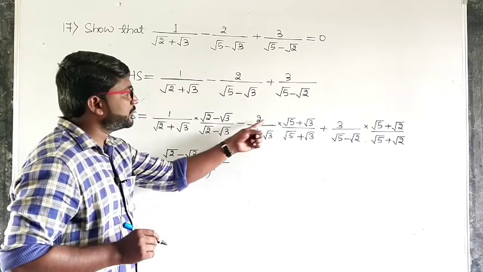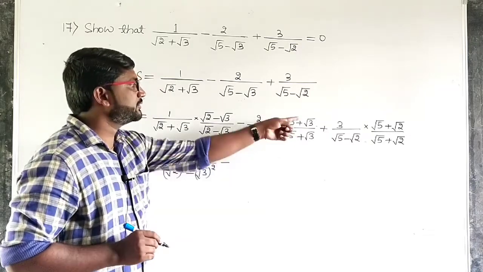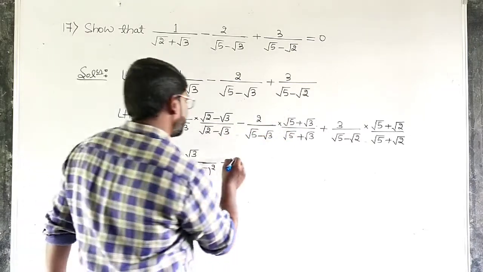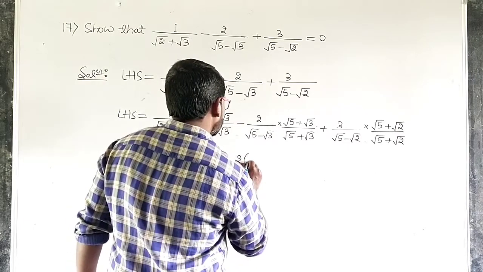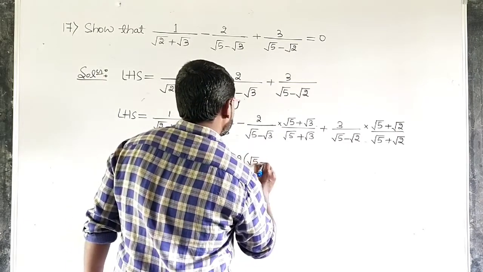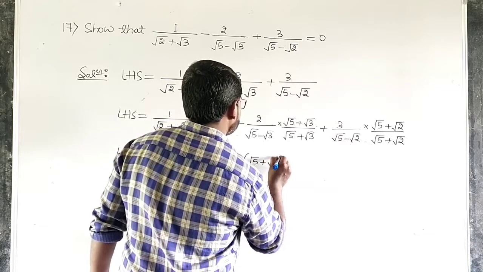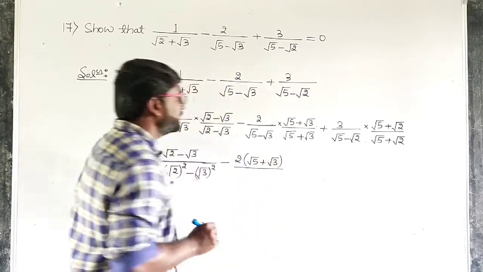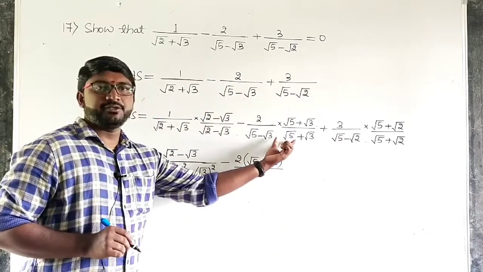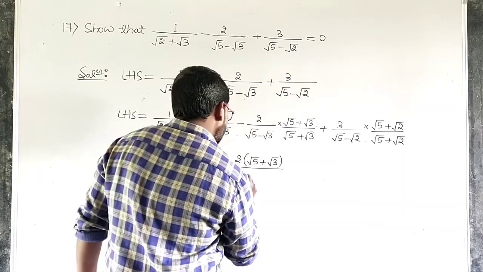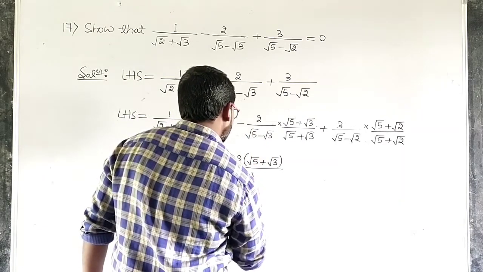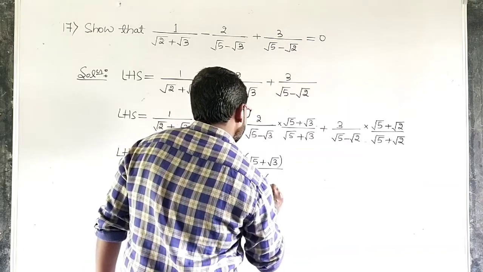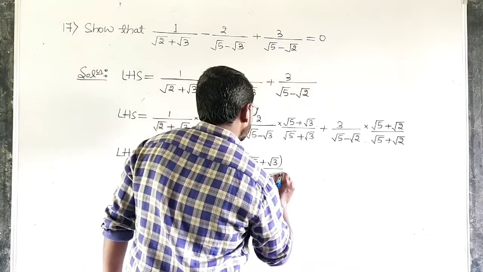Now multiply 2 with these two terms, or else 2 times root 5 plus root 3. 2 times root 5 plus root 3 divided by, again it is in the form of (a minus b) into (a plus b). It is a square, that is (root 5) the whole square, then minus (root 3) the whole square.